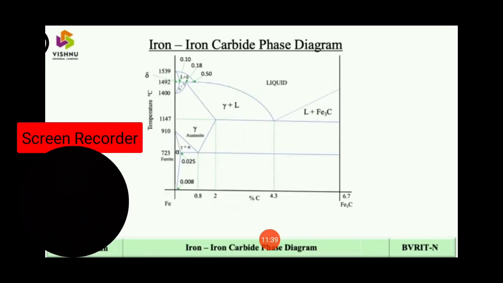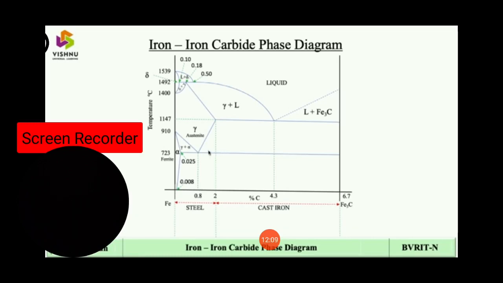Next, we are going to understand that in the iron carbide diagram, we have basically two important engineering metals, that is steel and cast iron. So mainly here in the iron carbide phase diagram, from 0 to 2% of carbon we get steel, and 2 to 6.67% of carbon we call cast iron.